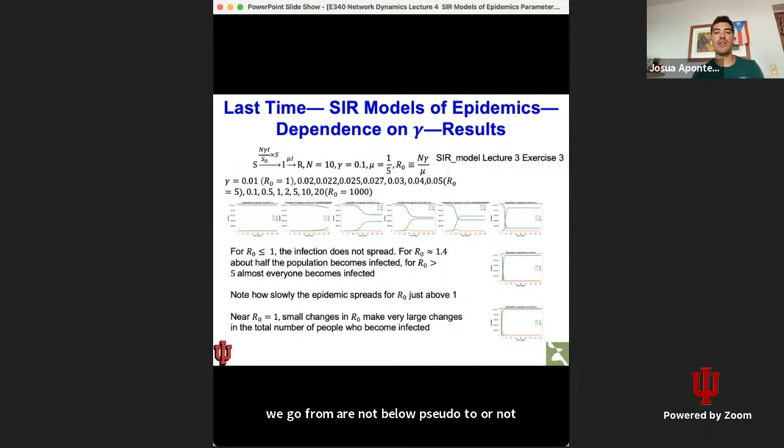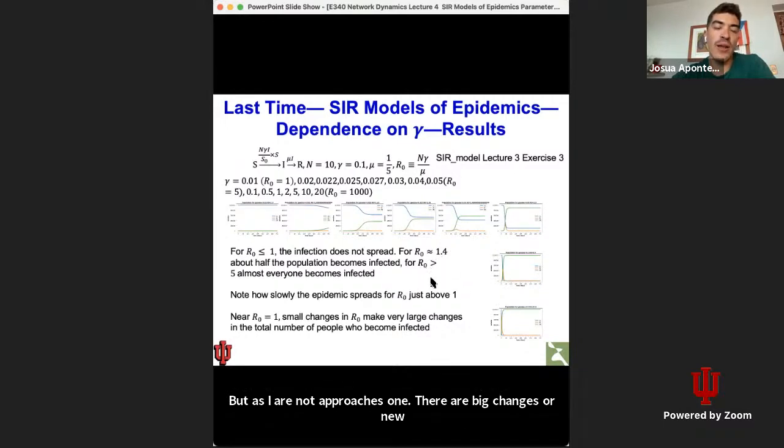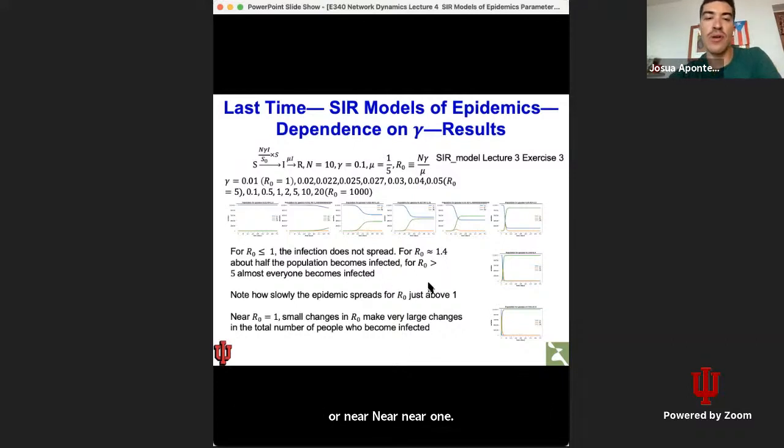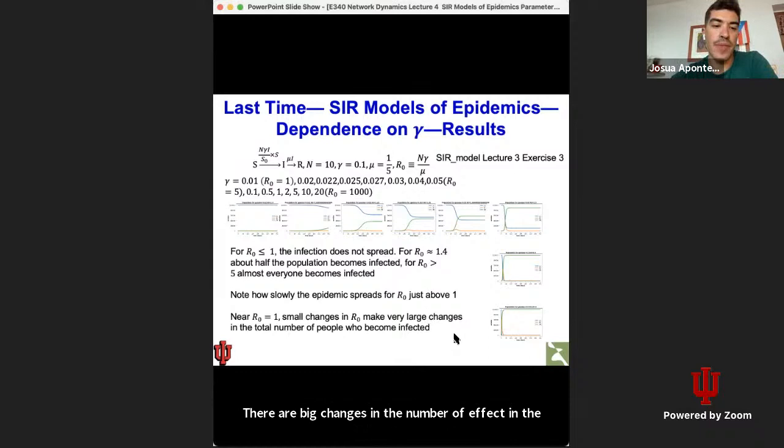If R naught is below 1, the infection fails to take over, and we will play with that a little bit. But as R naught approaches 1, or near 1, there are big changes in the number of infected individuals, or the number of individuals that become infected at the end of the epidemic. We'll come back to that idea.